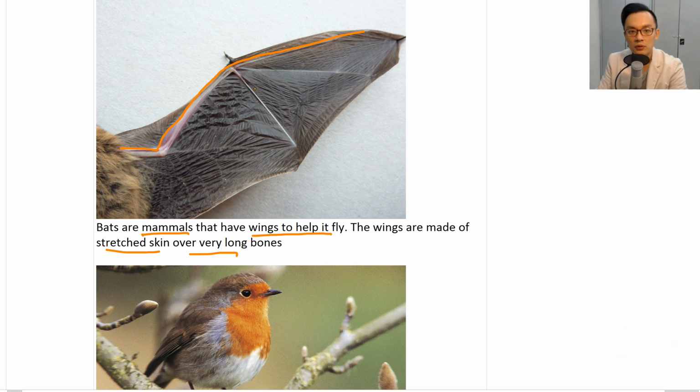So all these things are bones. Alright, so these are long bones, and this part is the stretched skin, and that's what the bat's wings are made up of.